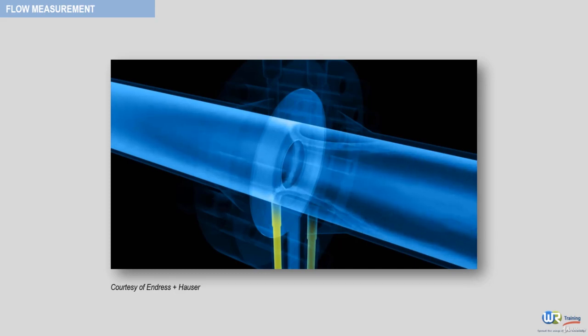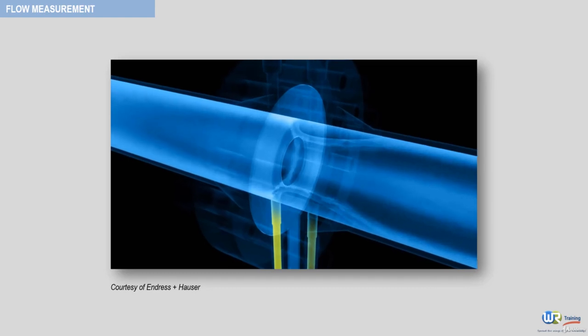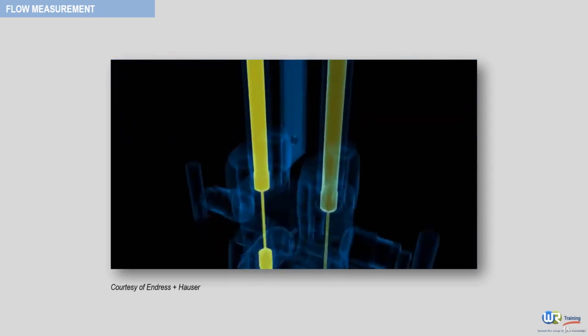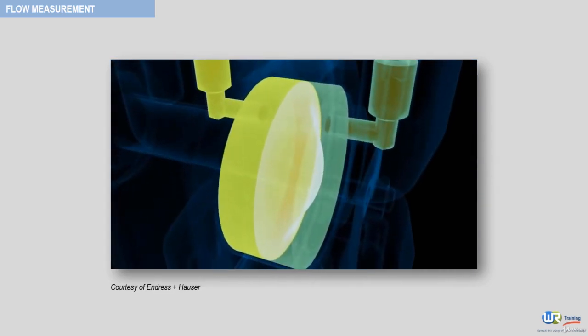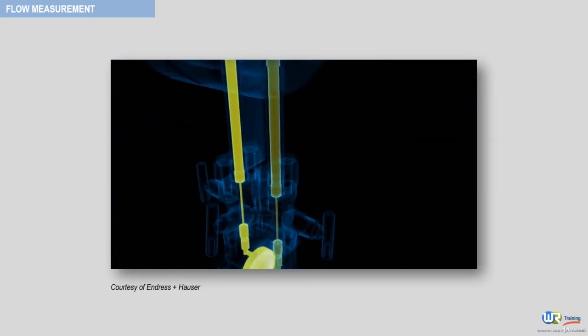because of the restriction in the cross-section. At the same time, due to the laws of fluid mechanics, the static pressure at this point decreases. Consequently, different values are detected in the pressure chamber of the sensor: a higher pressure before and a lower pressure after the orifice plate.